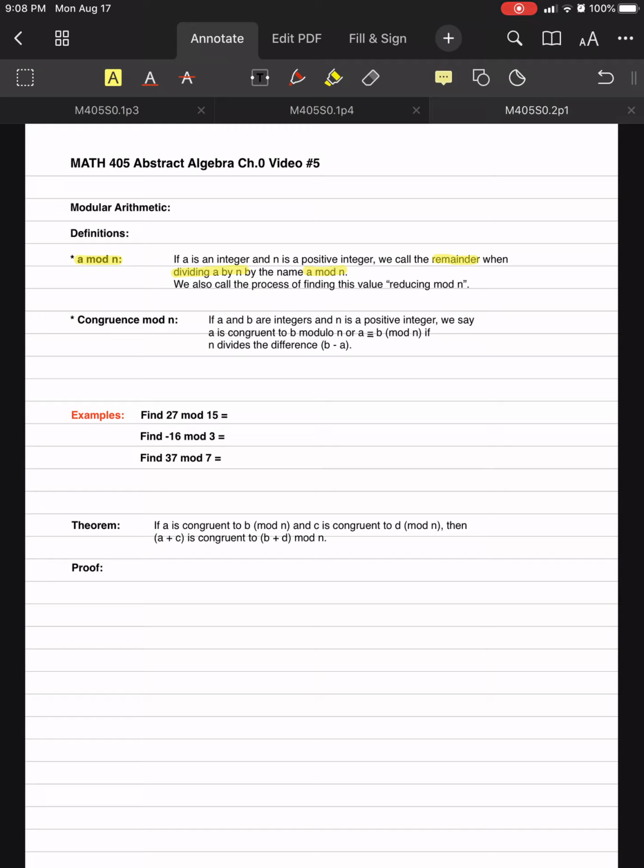Okay, so that's our first definition, and really all this involves is using the division algorithm, or if you want to think of it this way, using long division like you used in grade school. So let's start off by looking at some examples of this before we get into congruence mod n.